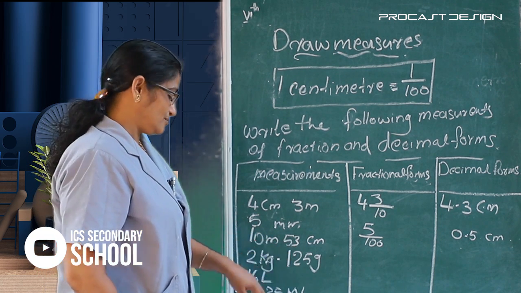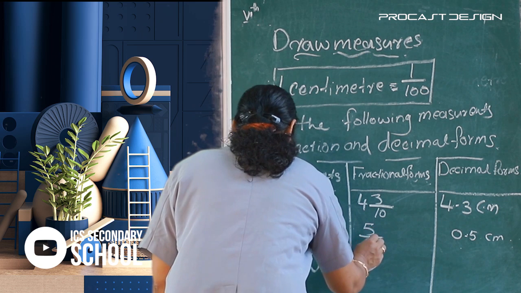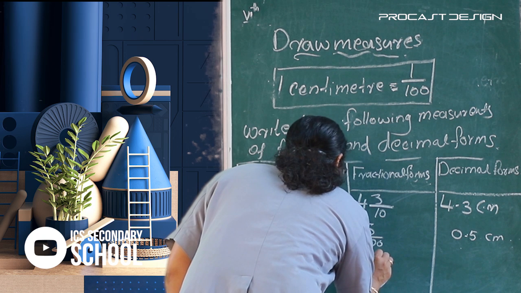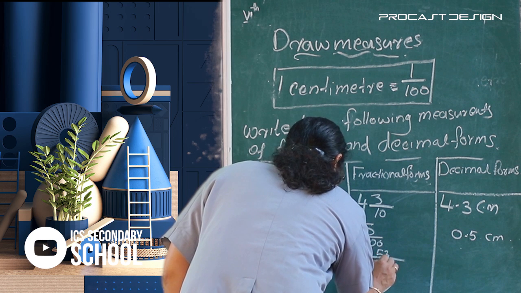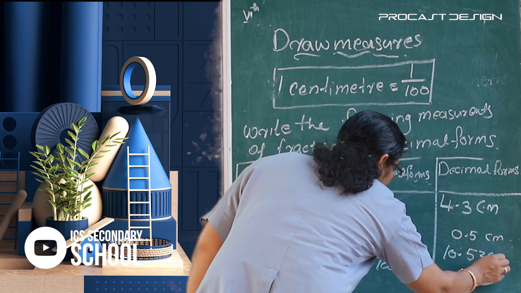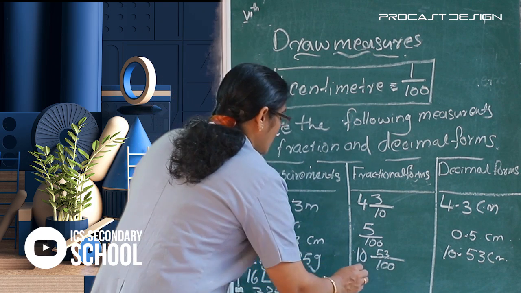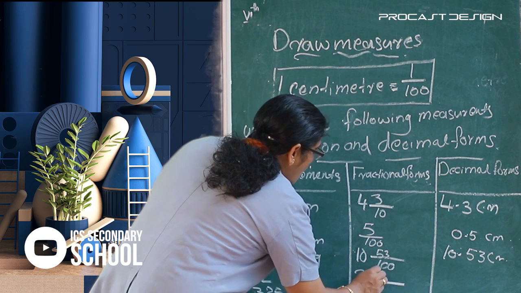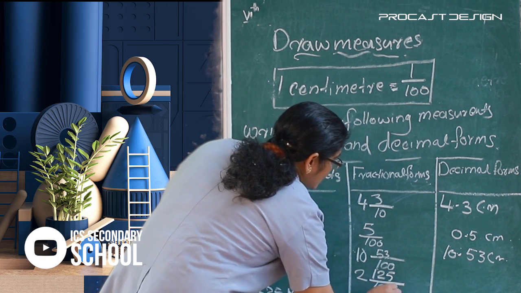To convert 10 meter and 53 centimeter, 53 by 100. And next, 2 kilogram and 125 gram. Fractional form: 125 by 1000.